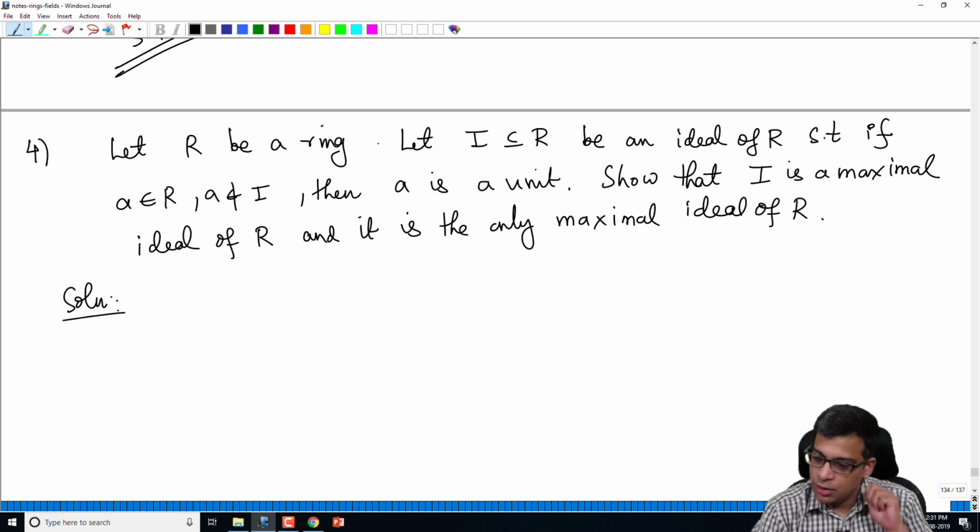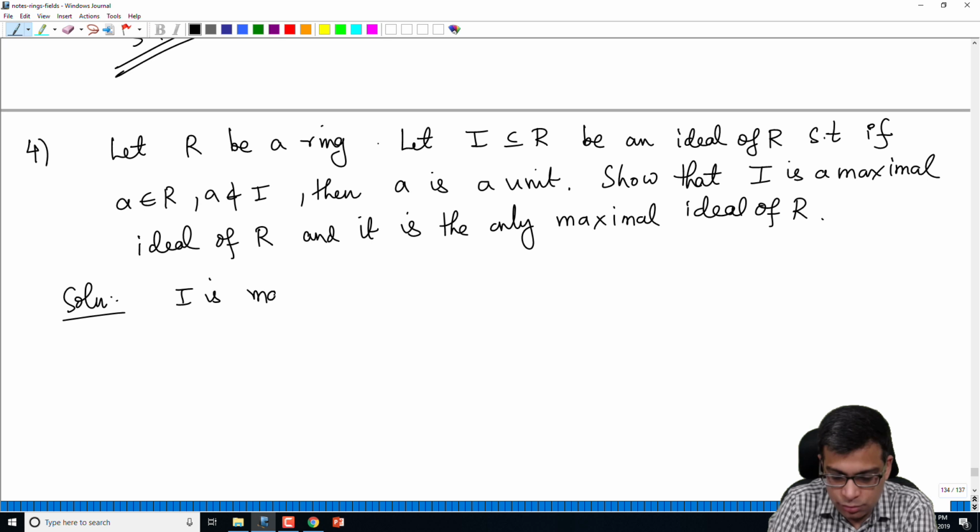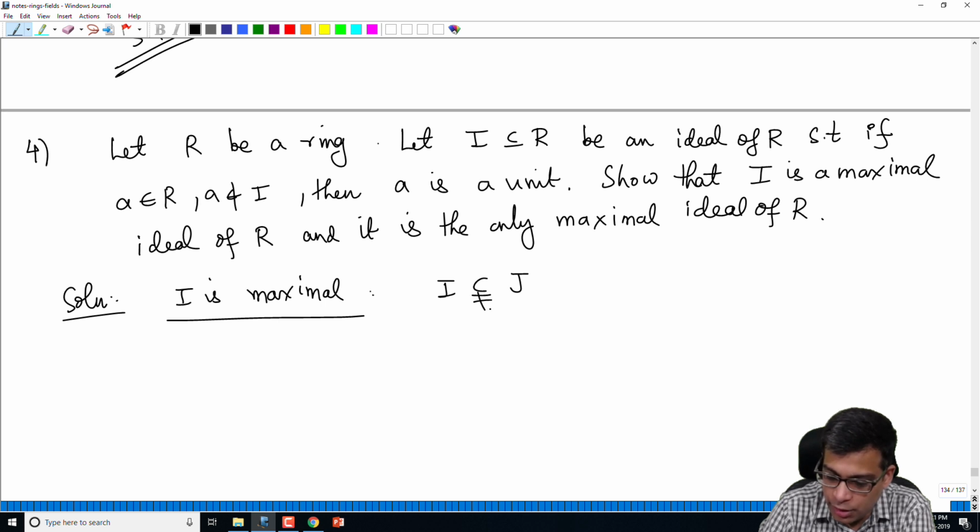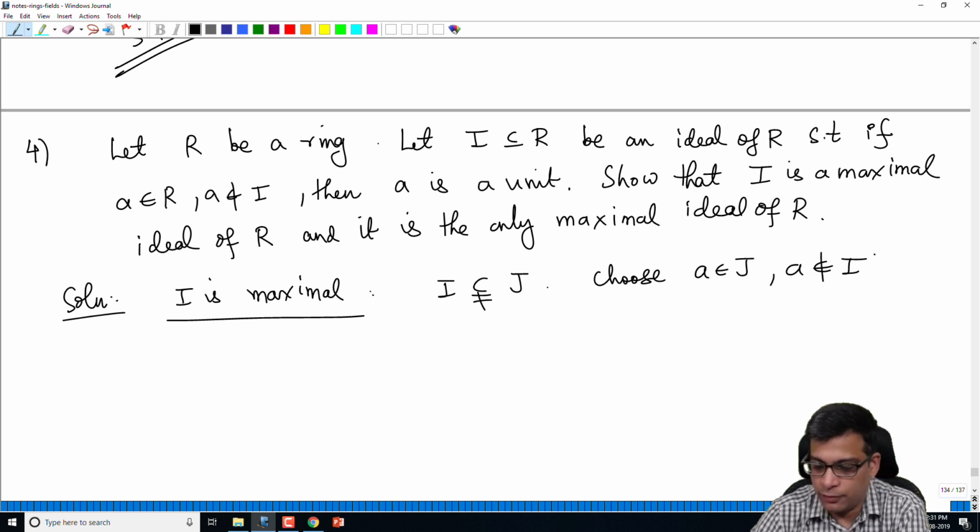Very easy. First of all, I is maximal. Why? Suppose I is contained in J and it is not equal to J. So choose A in J, A not in I. If J is a strictly bigger ideal, it must contain an element which is not in I. But by hypothesis, what is the hypothesis?